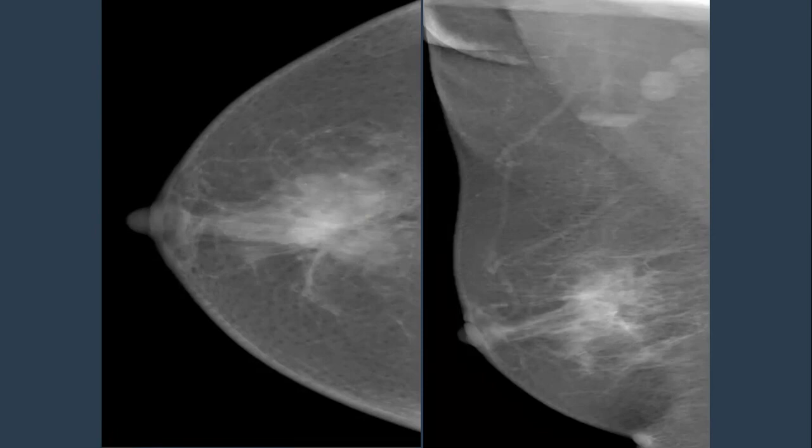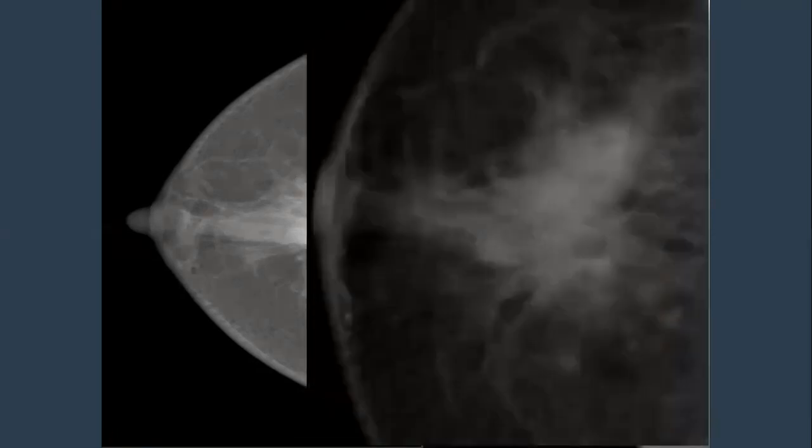We could do a spot magnification compression view. Okay, this is the spot. The spot view confirms the architectural distortion.